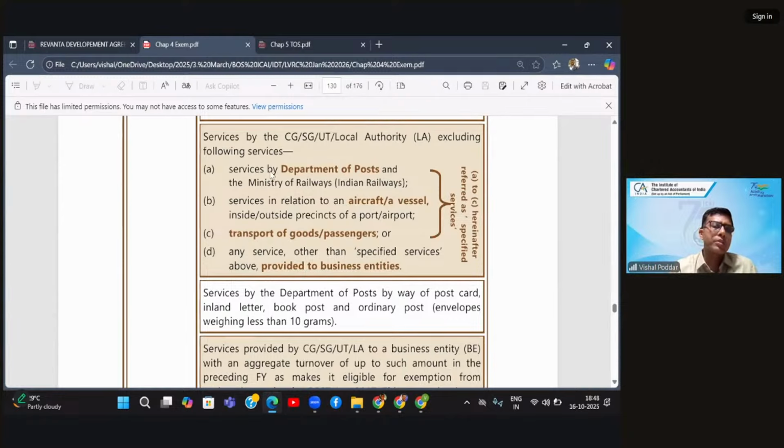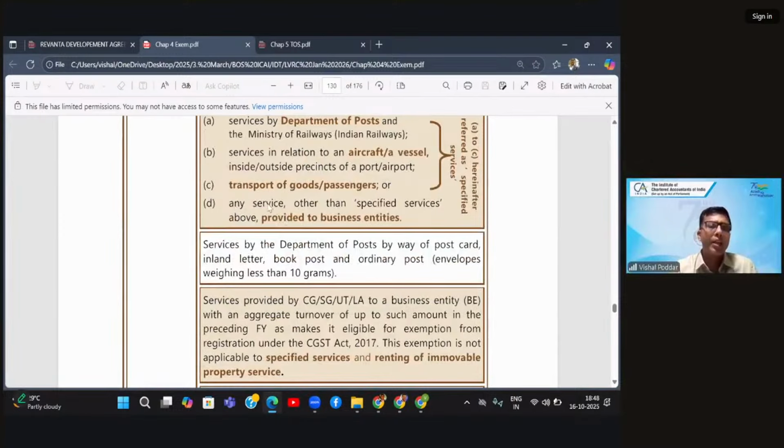These are the services which are not given the exemption. And after that, any services other than specified above provided to business entities are also taxable. So besides the above three, services provided even to individuals are taxable. And besides the above, any services provided to a business entity are taxable.